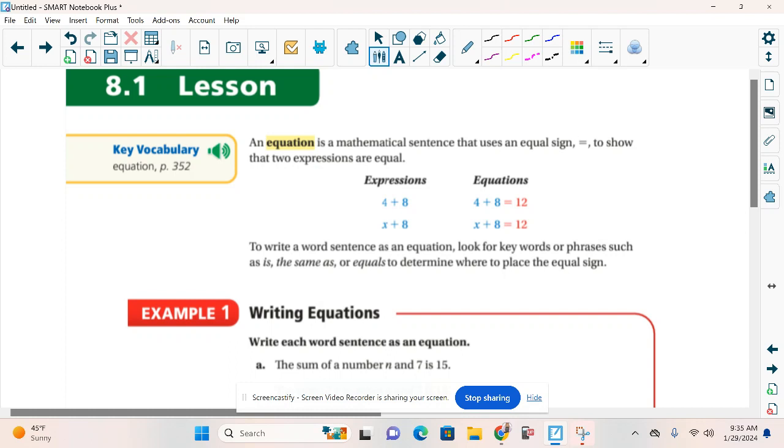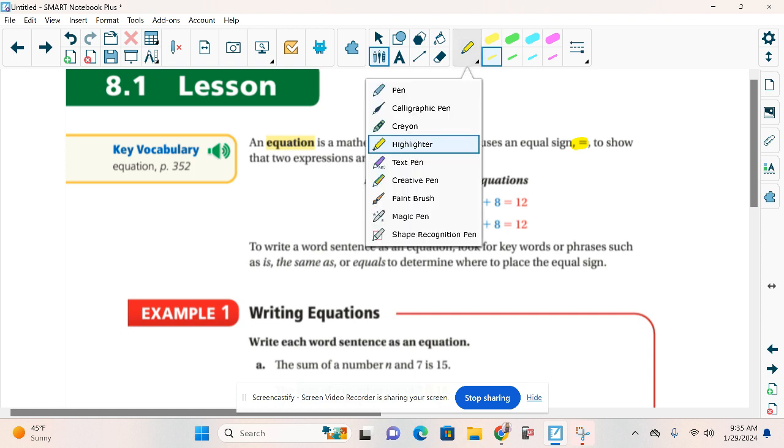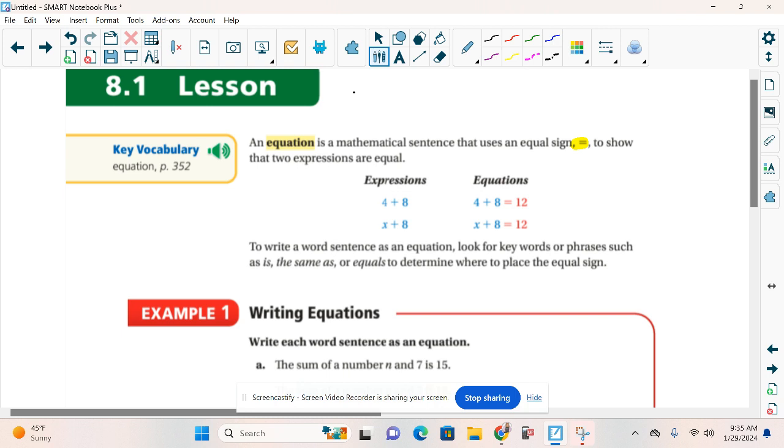Alright, so an equation is a problem with an equal sign. We have a couple of key words that mean equal. So equal can be is, equals, which obviously is the same.